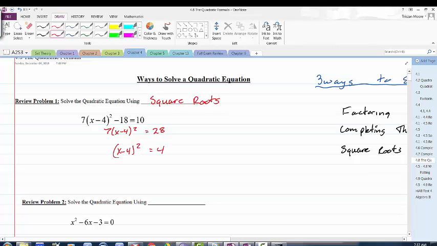Square root of both sides. x minus 4 equals plus or minus 2. So that means x equals 4 plus or minus 2. That means that your two options are 4 plus 2, which is 6, or 4 minus 2, which is 2. That's how I'd solve that one.